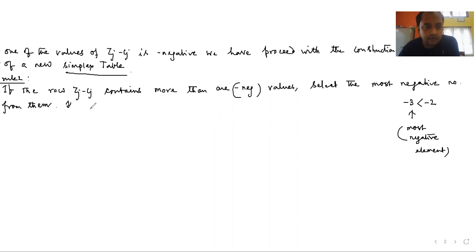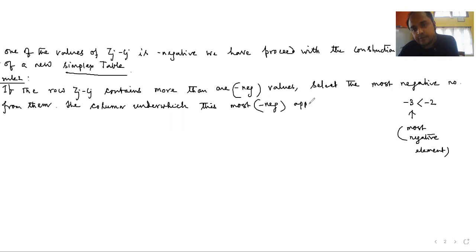The column under which this most negative number appears is called the pivot column. Okay, it is called the pivot column.